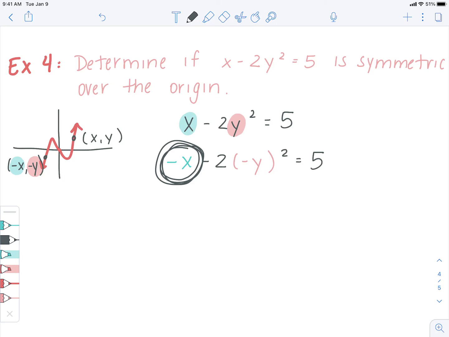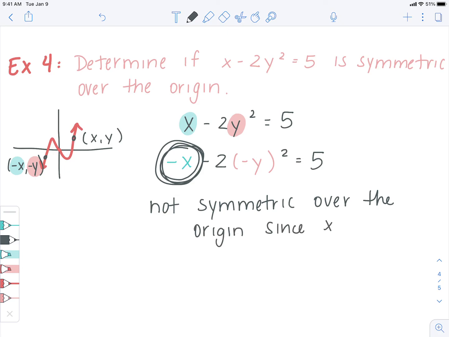If it doesn't match, if it's not exactly the same, then it's not symmetric. It's not symmetric because the x became negative and there's nothing I can do there in order to fix that.